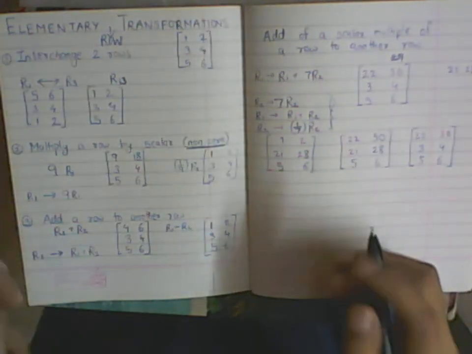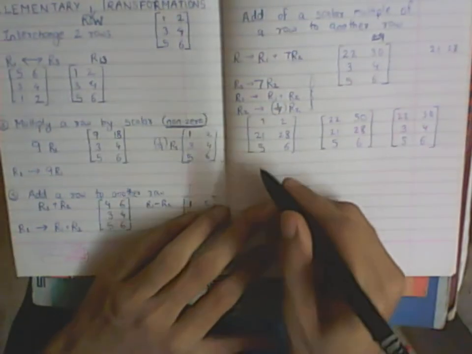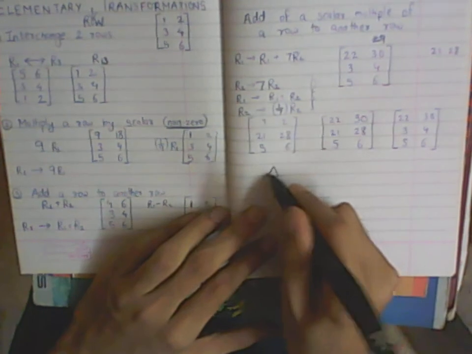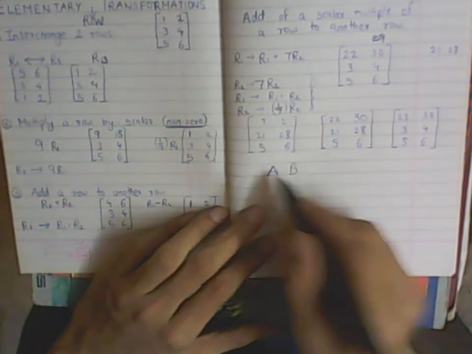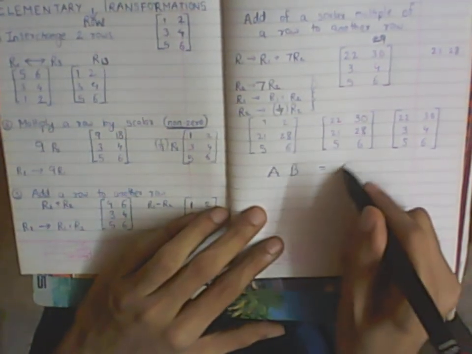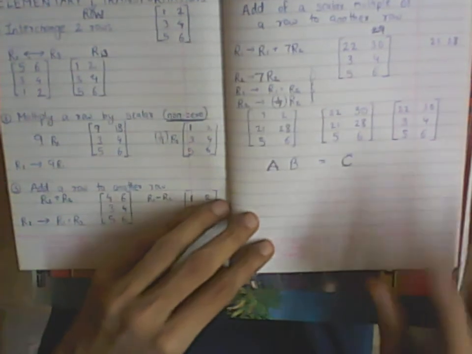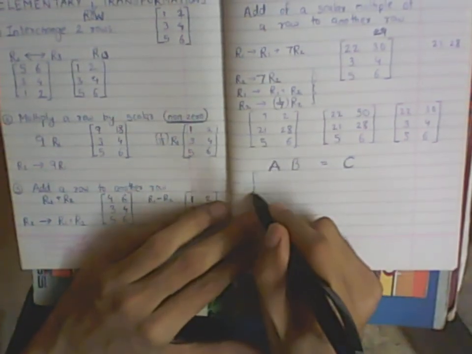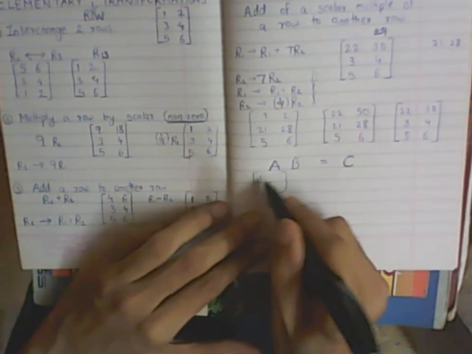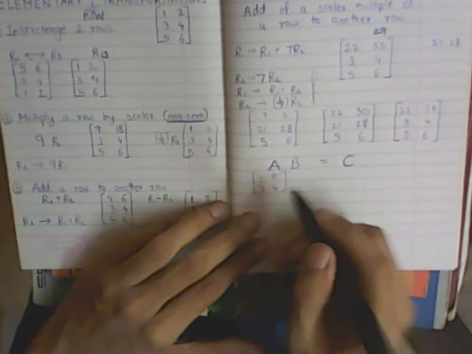Another very important property regarding elementary transformations is as follows. Let's say you have two matrices being multiplied. So let's say you have A, B multiplied, which gives you a matrix C. The best way to do this is through an example. Let's say you have A as a 2 by 2 matrix 1, 2, 3, 4.